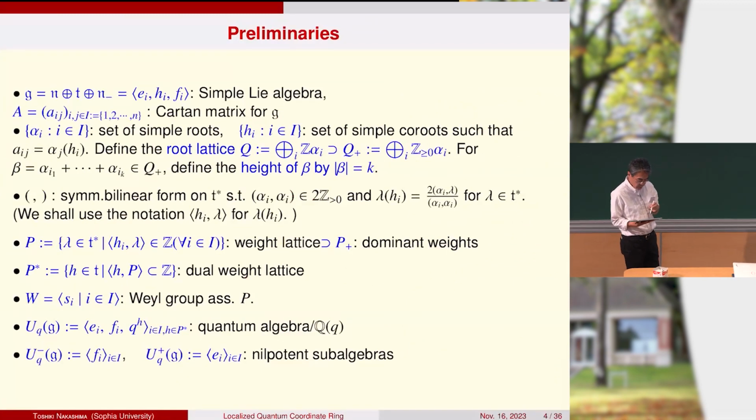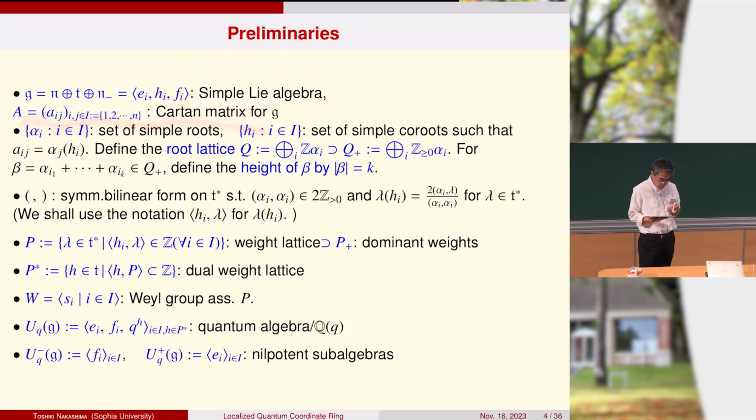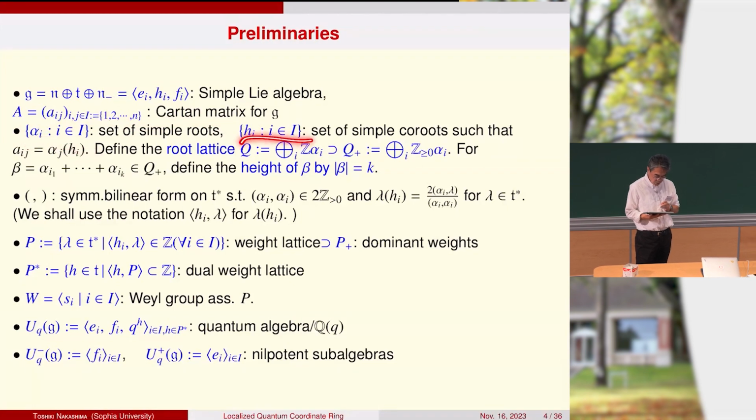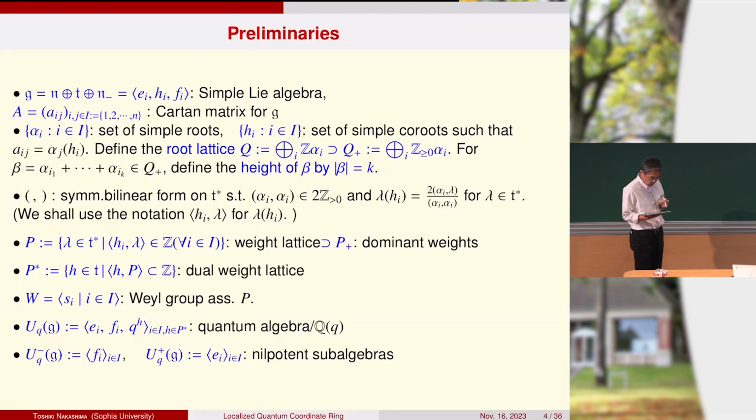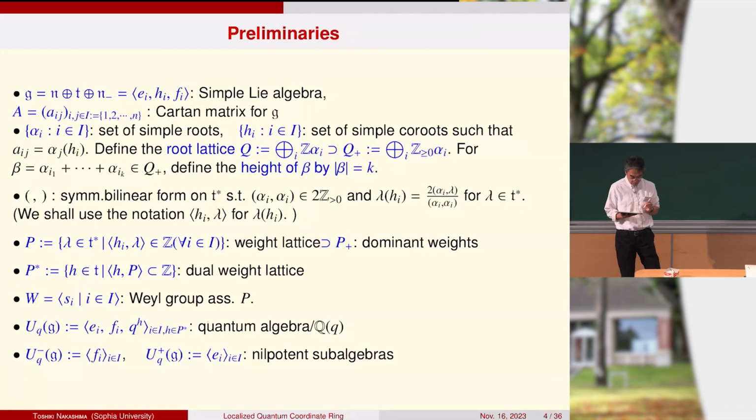Today I set a simple Lie algebra g, with the Cartan matrix, simple roots, simple coroots, and root lattice, which is the usual setting. Also the weight lattice, dominant weights, and dual weight lattice.